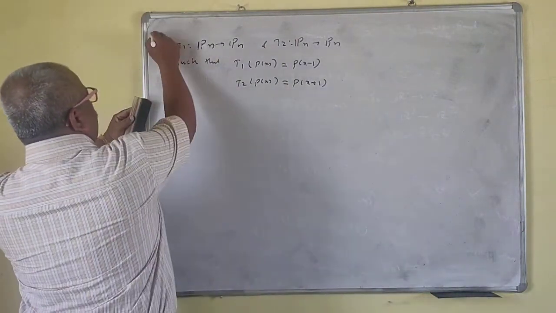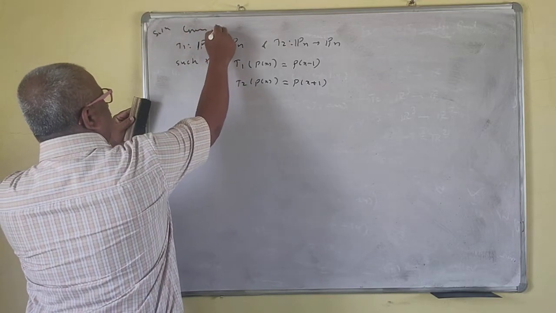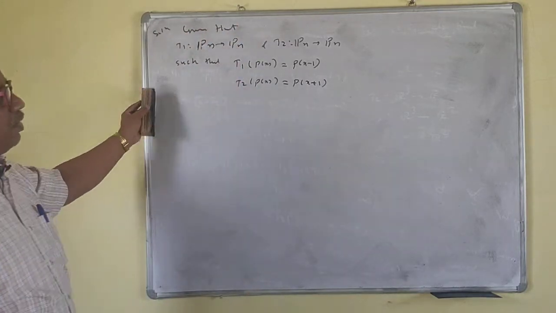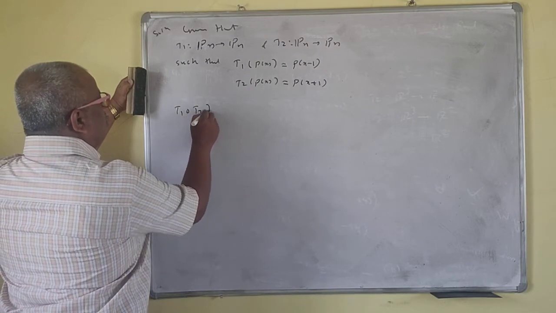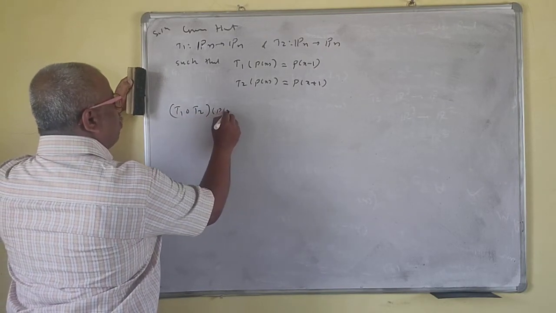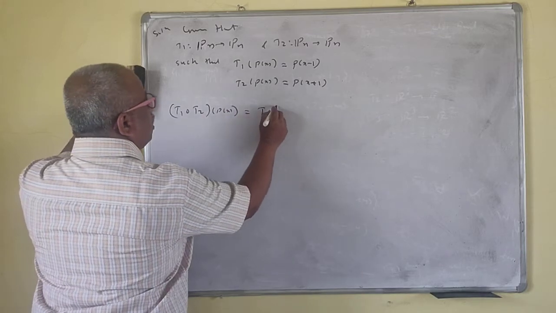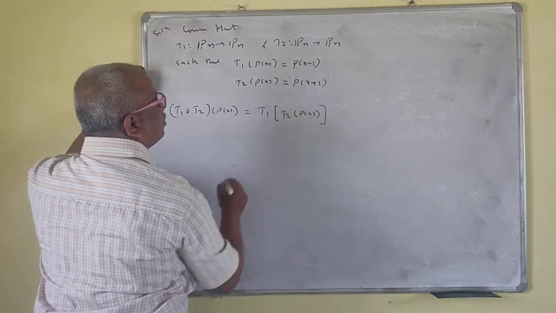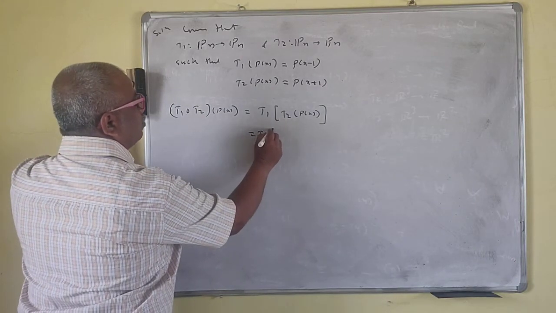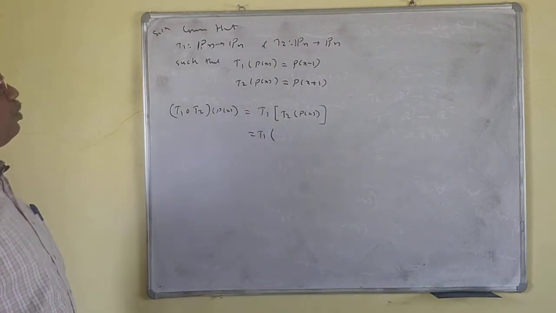Solution. Given that T1 and T2 are such. Okay, so we'll find a formula for T1 compose T2 of P(x). This is T1 of T2 of P(x). What is T2 of P(x)?